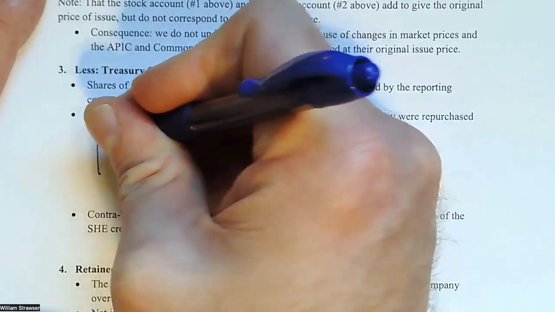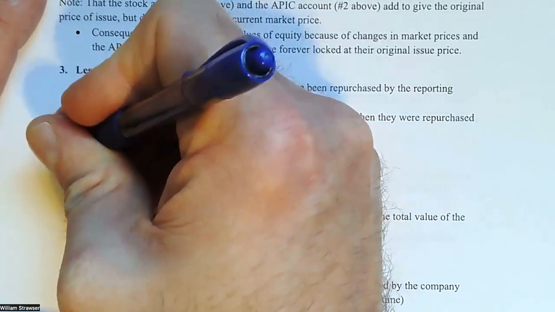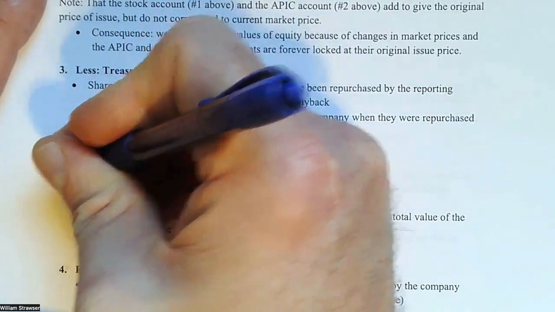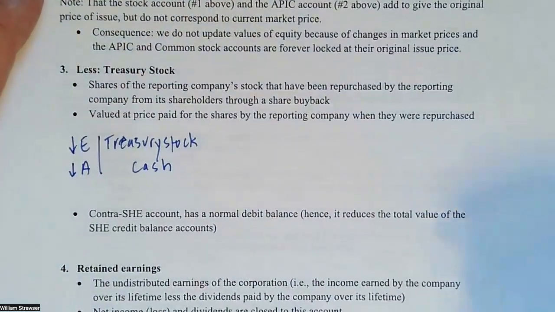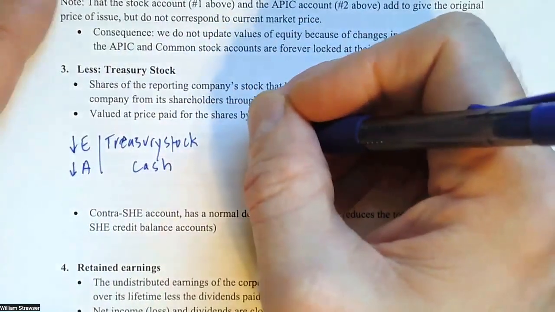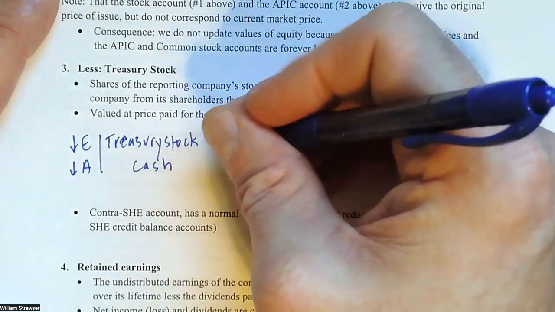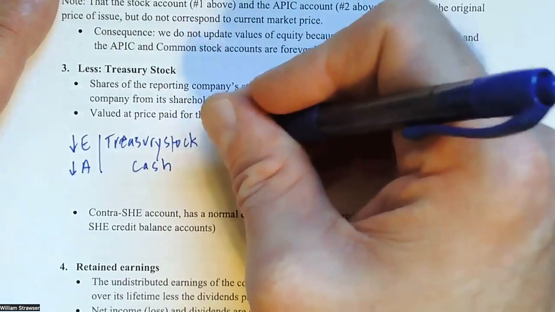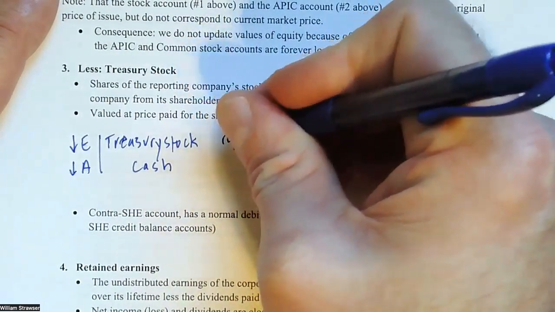This debit to treasury stock reduces equity, and because we're spending cash, because we're buying it back from our shareholders, it reduces assets as well. And this is always at the repurchase price.